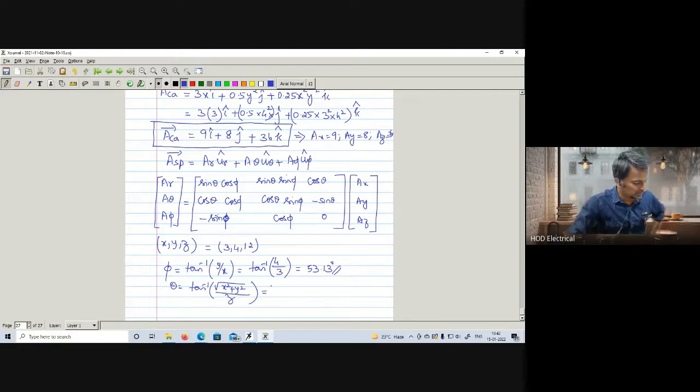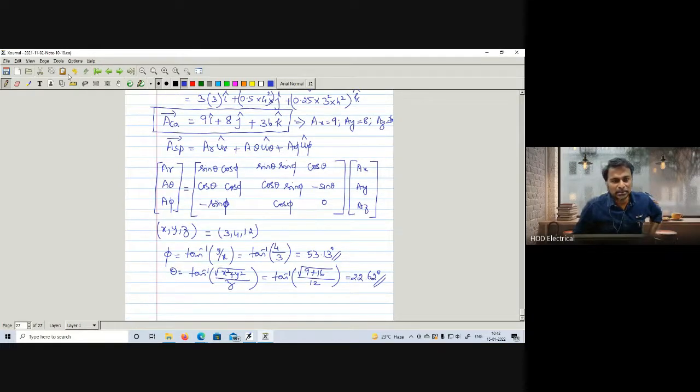So from this we can write tan inverse of root of 9 plus 16 divided by 12, that is equal to 22.62 degrees. Use this for the conversion.